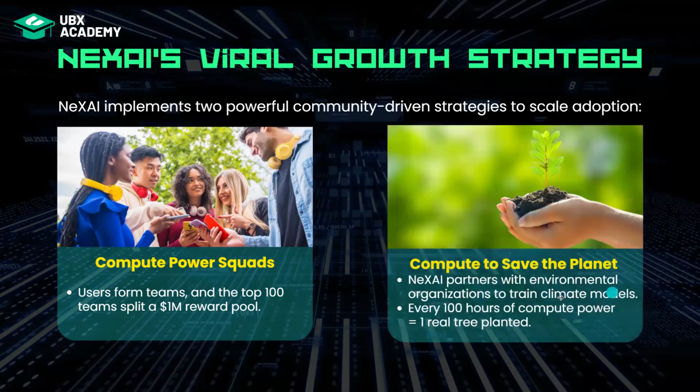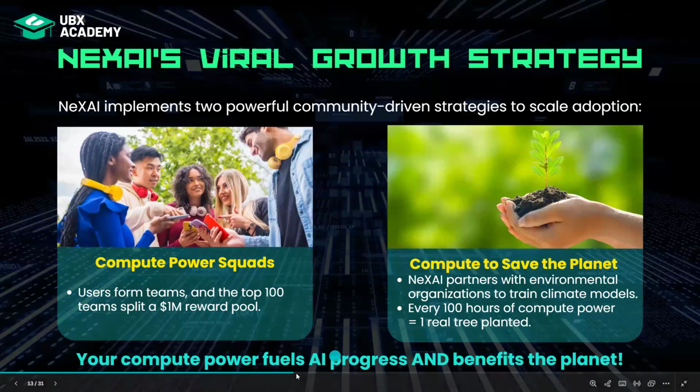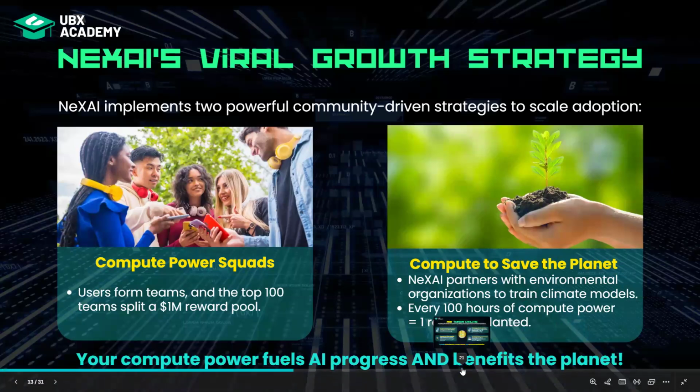And also, they partner with environmental organizations to train climate models. So every 100 hours of compute power equals one real tree to save the planet. It fuels the AI process and also benefits the planet.